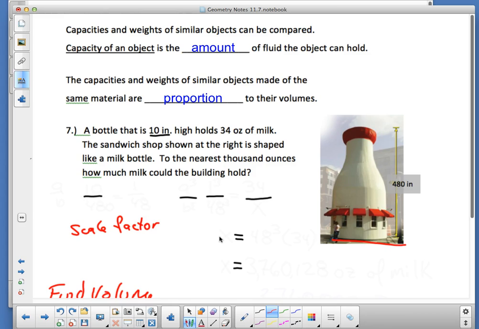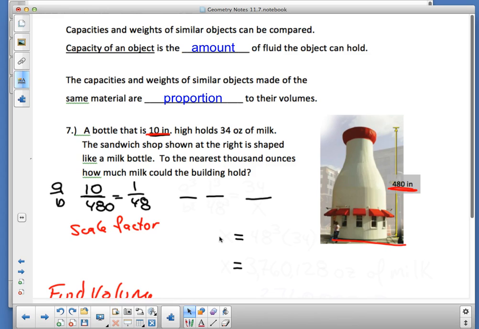Now, keep in mind that this milk bottle has the same dimensions proportionally as our milk bottle that holds 34 ounces. We have 10 inches and we have 480 inches. Those are our corresponding side measures, and we're assuming that these are similar figures. So now I've got my A to B, which is my scale factor, reduced, which is 1 to 48.